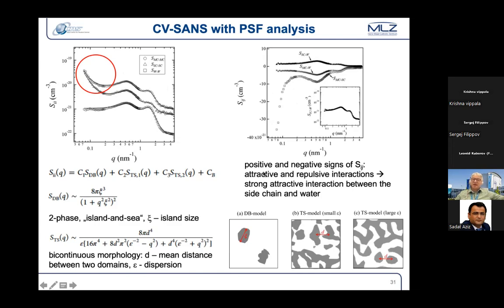The negative sign indicates a repulsive interaction, while a positive sign indicates an attractive one. So this offers information about a strong attractive interaction between the side chain and water.